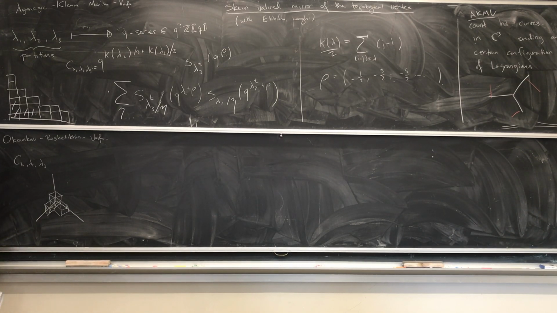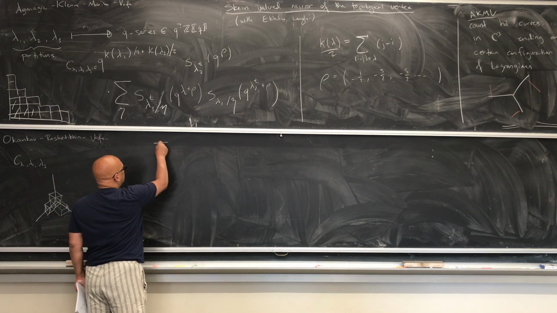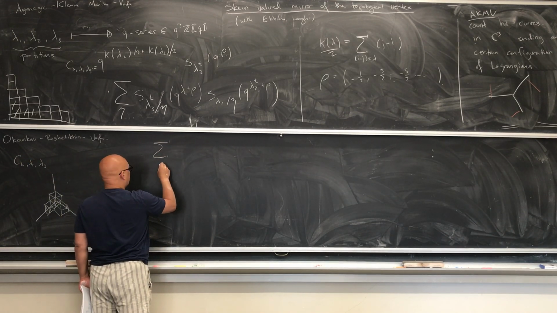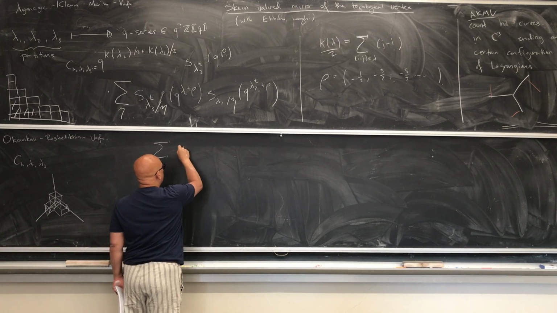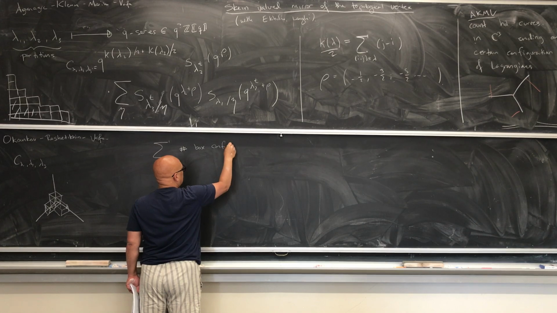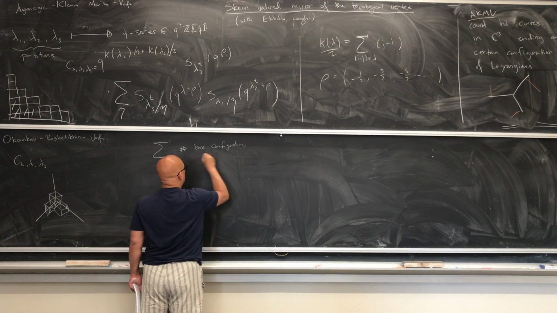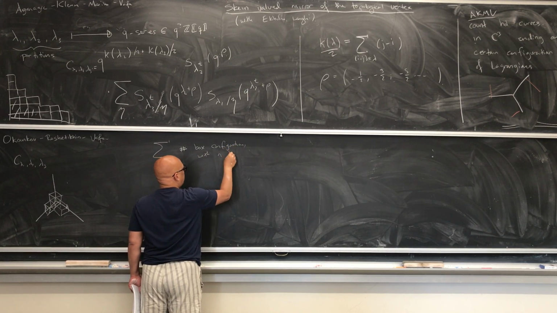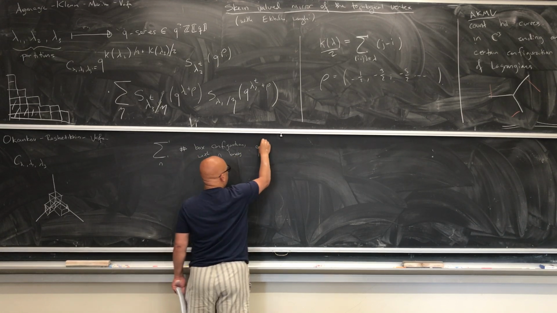So maybe a century ago, already, maybe even before that, people were interested in how many such configurations of boxes there were for a given finite number of boxes. So you can form the sum over n, the number of such box configurations with n boxes, times q to the n.